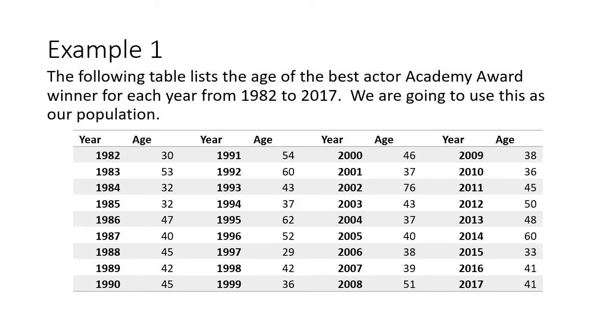The first thing I want to start with in example one is to go through the main idea or the theory behind sampling. Here I've listed a table that gives the age of the Best Actor Academy Award winner for every year from 1982 to 2017. We're going to pretend that this is our population, that our entire study only encompasses the ages of these actors over these 36 years.